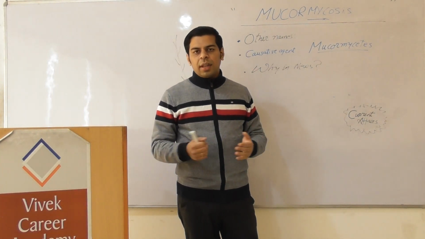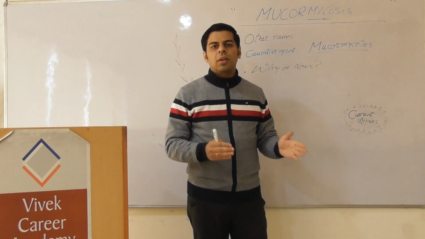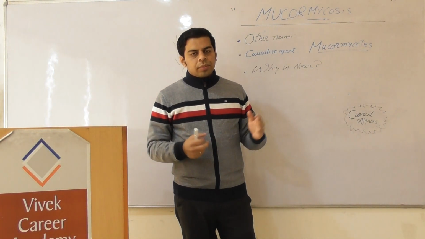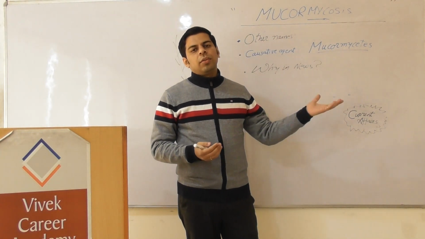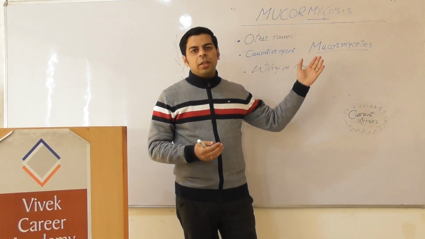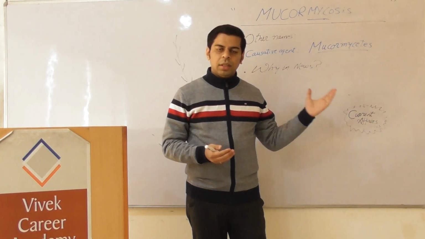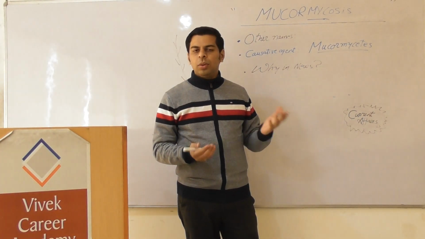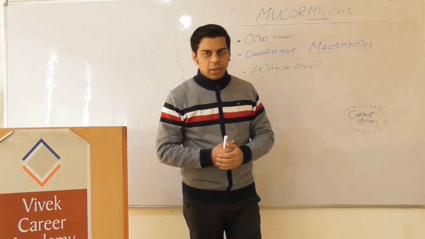The fungus gets an opportunity to enter their body and affect their lungs or sinuses, and this is where the problem starts, because fungal spores are inhaled by an individual and then localize in the lungs or some air spaces, and there they start multiplying. If the immunity is low, there are chances that it would result in serious complications.